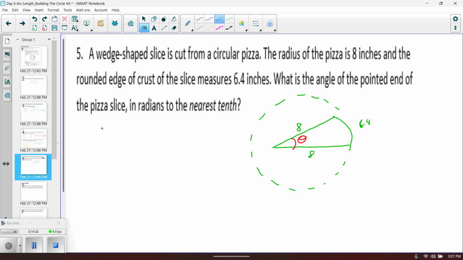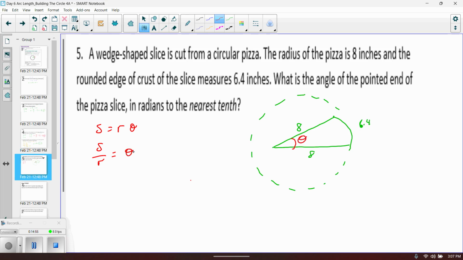So again, S equals R theta. We are looking for theta, so dividing both sides by R would give you S over R equals theta. Did they give us the information in the correct form? Let's see. They gave us the radius, so that's good. And they did give us the arc length. Notice that there's no pi in the arc length.